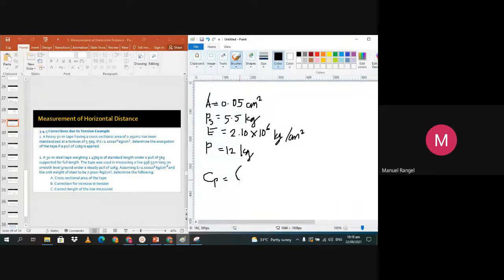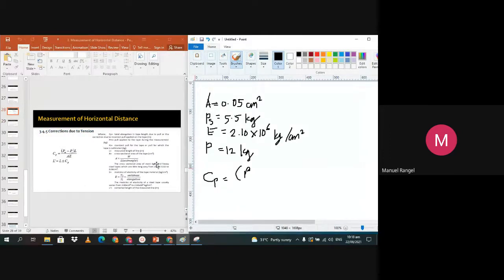So the formula is CP equals PM minus PS times L over AE.